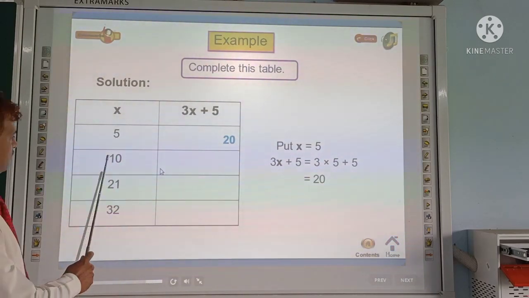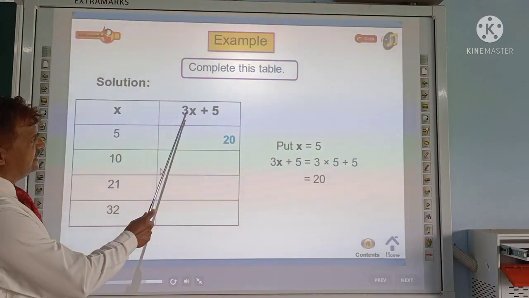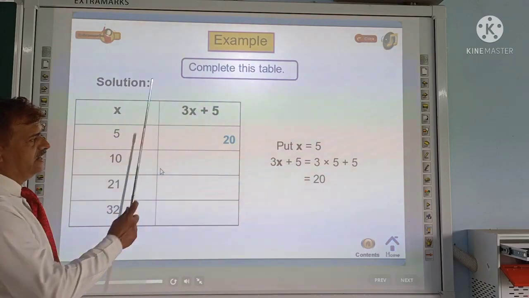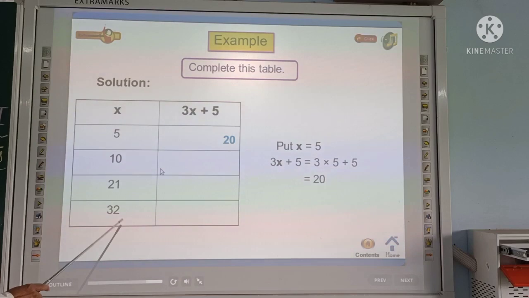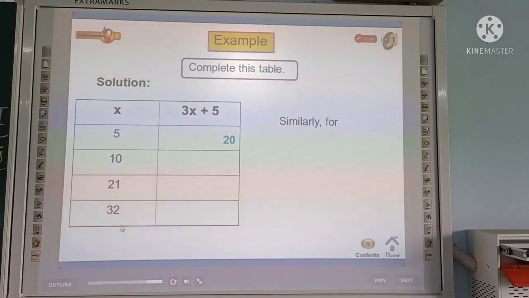Okay? Now, if x is 10, 10 3s are 30 plus 5, the answer will be 35. For x is equal to 10, the value of the expression is 35.